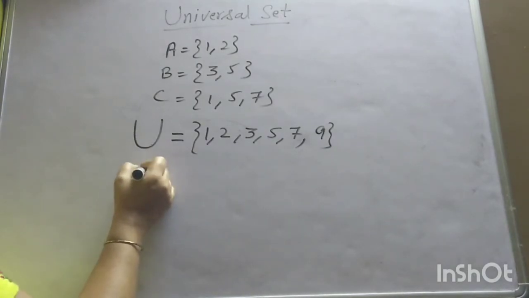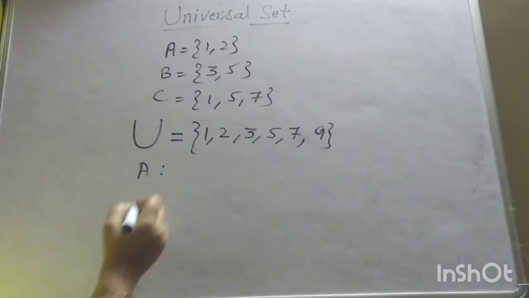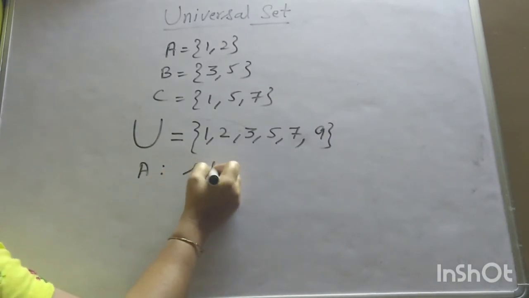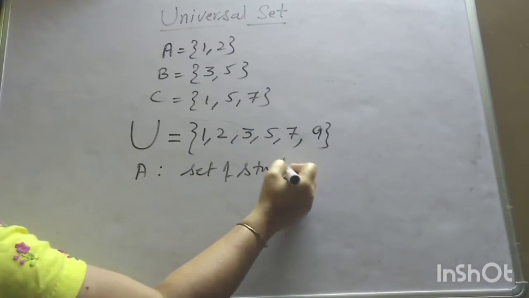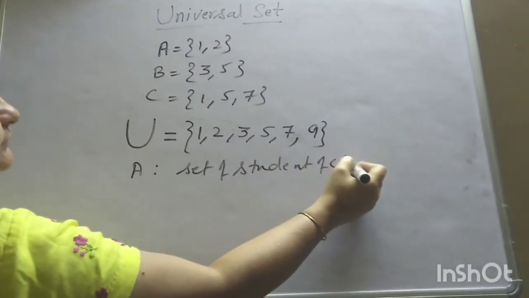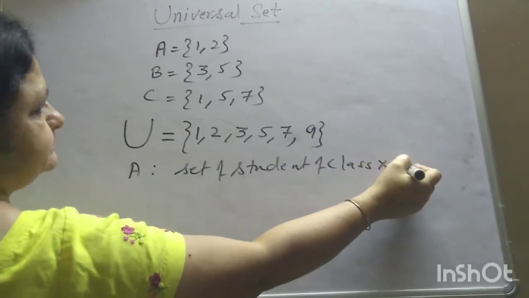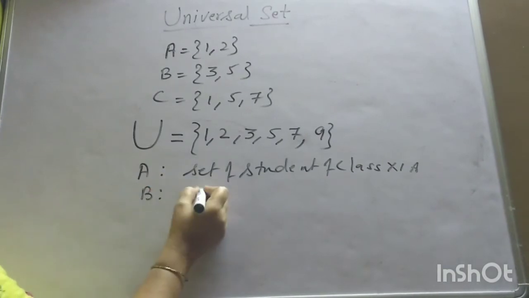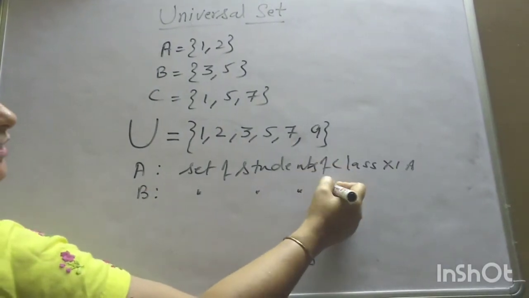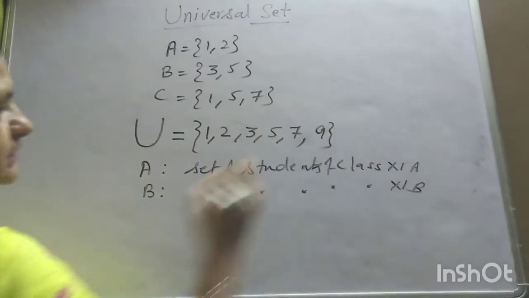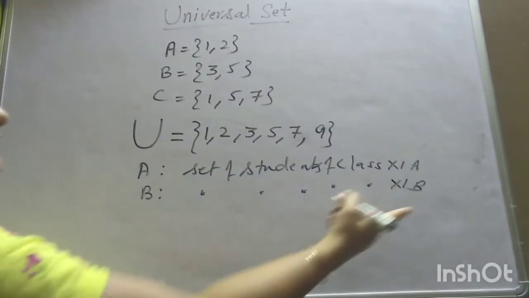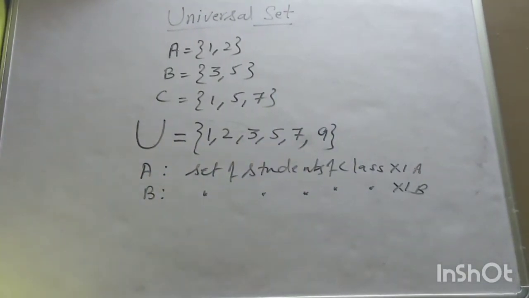If set A is the set of students of class 11th A. Set B is set of students of class 11th B. Now what will be the universal set of these two sets?